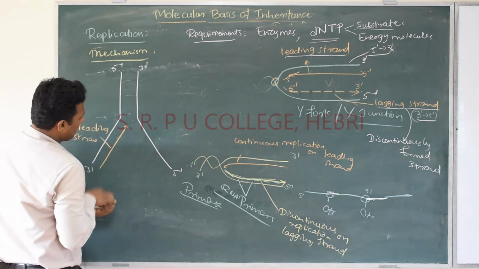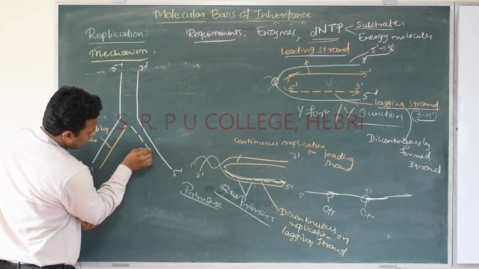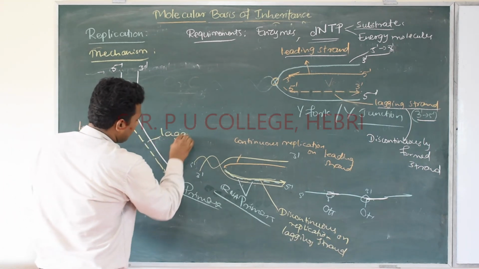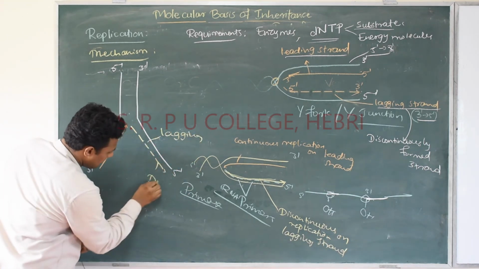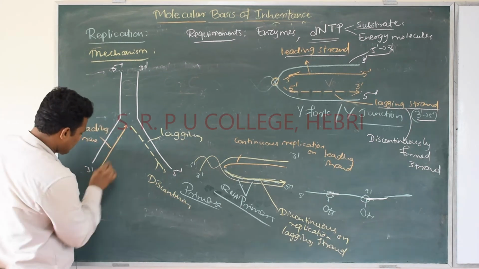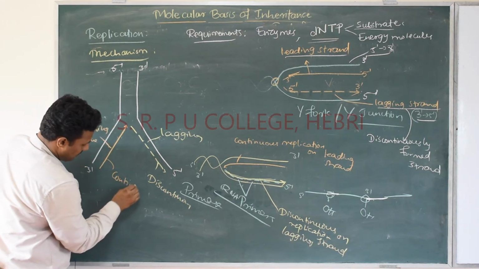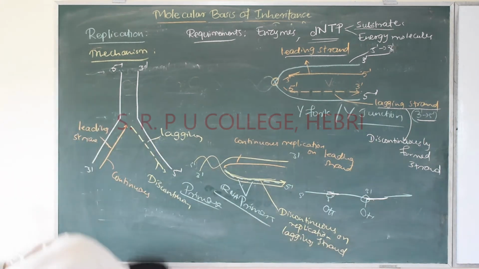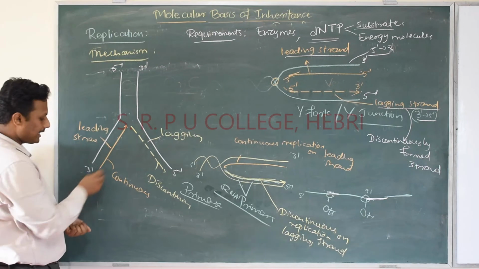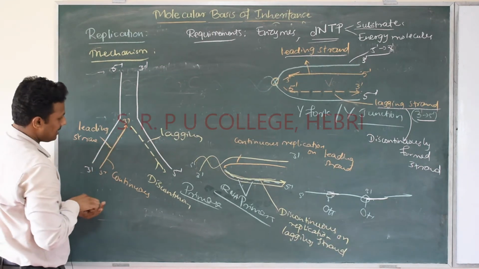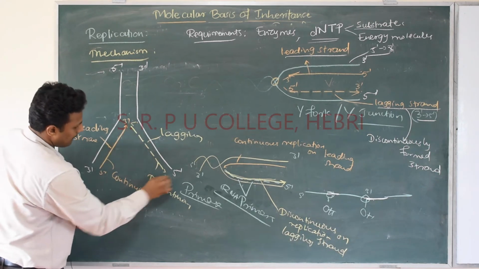And this will become the lagging strand. So this is discontinuous replication, whereas this one is continuous replication, right? And you should also not forget to mention the polarity of the newly synthesized strands. So this is 5 prime to 3 prime, this is 5 prime to 3 prime, like this.